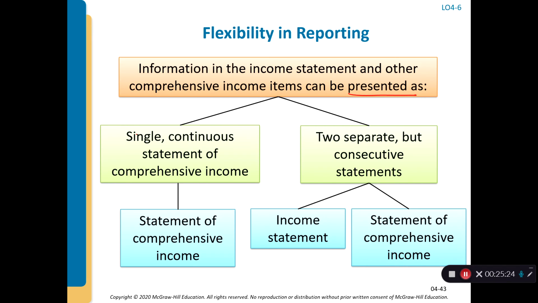If you choose one time to list out everything, it's called a single statement, and you call that statement a statement of comprehensive income. If you take two separate statements, you have to put them together, shoulder to shoulder: one lists the income statement, the other the statement of comprehensive income.